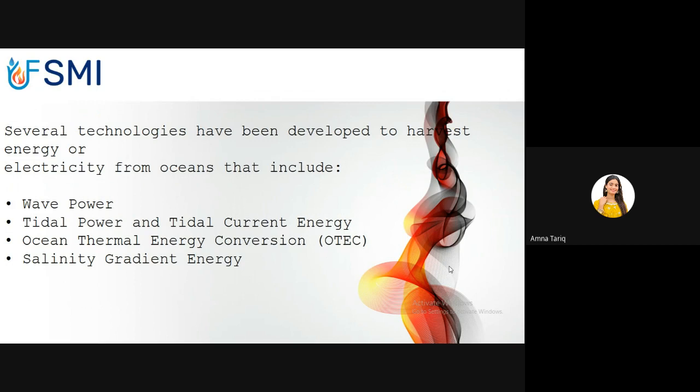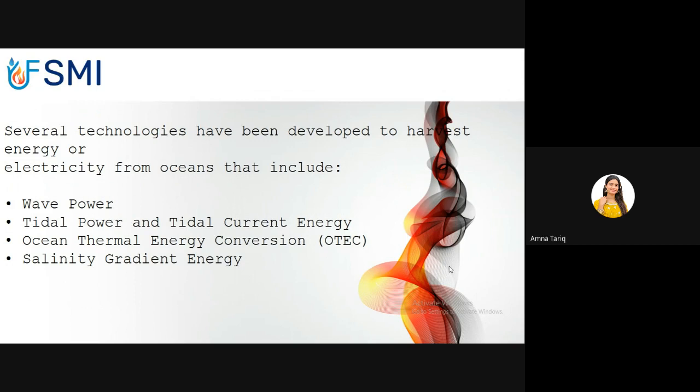Tidal turbines or underwater turbines are installed on the seabed in areas with strong tidal currents. These turbines resemble underwater wind turbines and are designed to capture the kinetic energy of moving water. As the tidal current flows past the turbines, it causes the blades to rotate, similar to wind turbines. This rotational motion is converted into mechanical energy by the turbines.